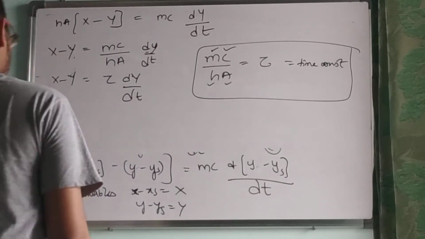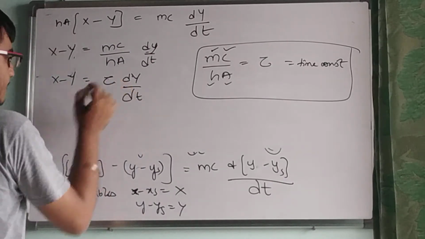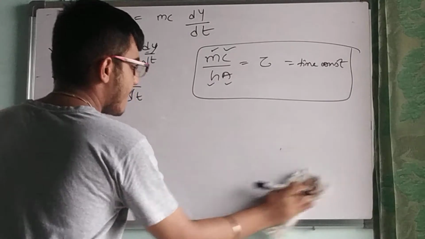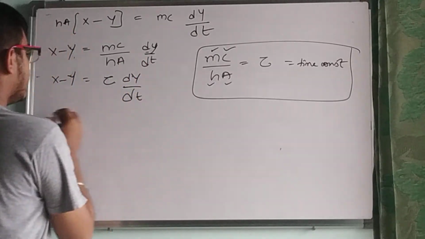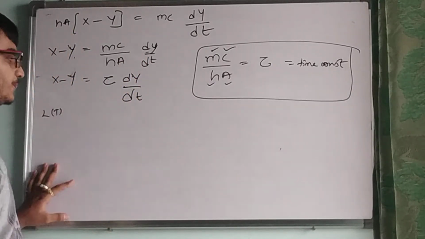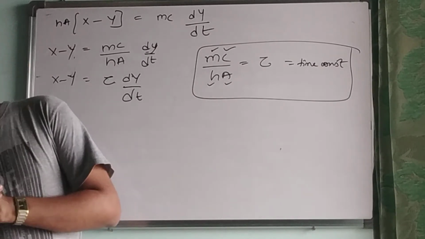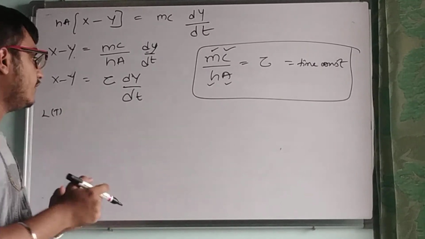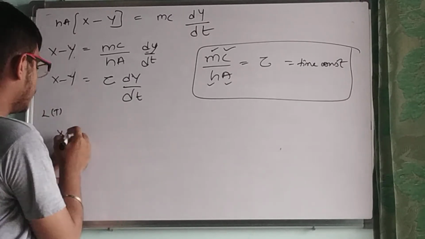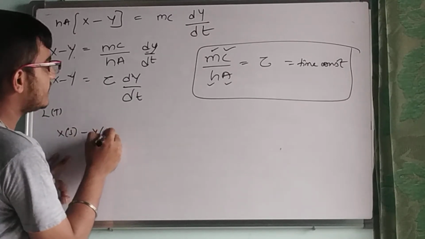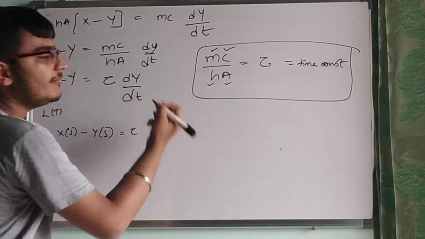Now, as usual, you will apply Laplace transform for the given function. So X of S minus Y of S is equal to tau into dY by dt.